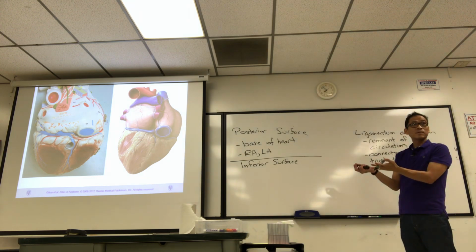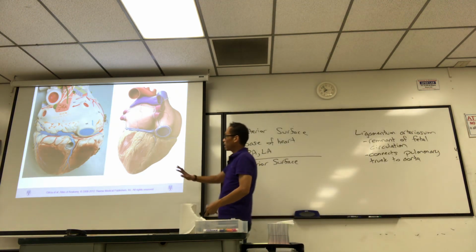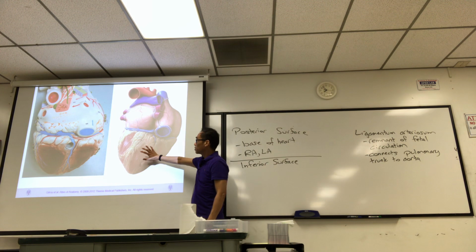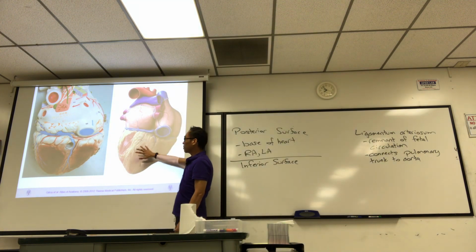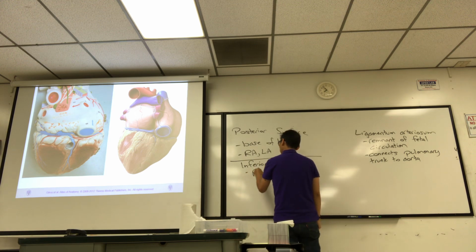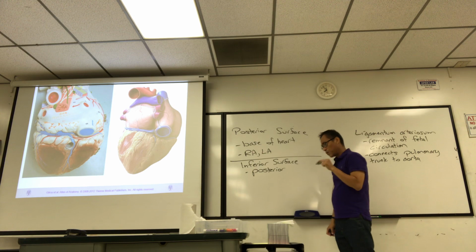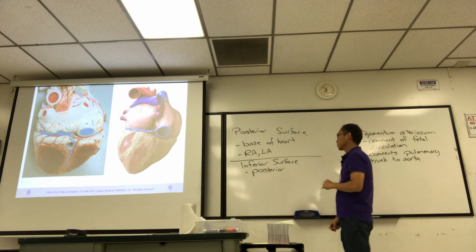This is that surface. And what you can see are pretty much the back view of the ventricles. So atria up here, ventricles down there. Look for the posterior interventricular sulcus.